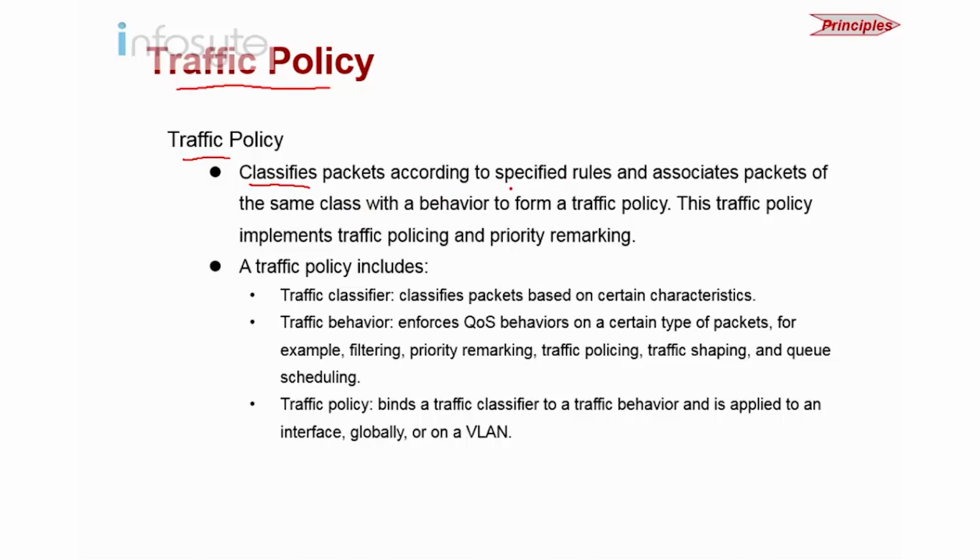You can classify the packet based on certain rules, and the common one is using ACL. After the classification, we have to configure the behavior, and the behavior forms the policy. So we classify, then based on the classification it becomes the behavior, and the behavior becomes the policy. The policy is going to be applied to the interface.